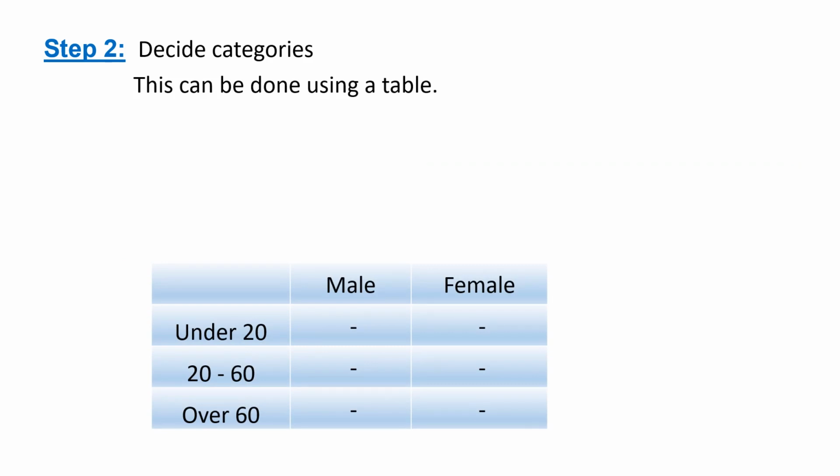The second step is to decide on the number of categories. This can be done using a table. Remember, you have males and females, and you have people who are under 20, people who are 20 to 60, and people who are over 60. So these are your categories.